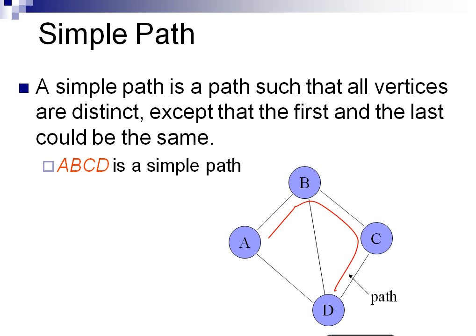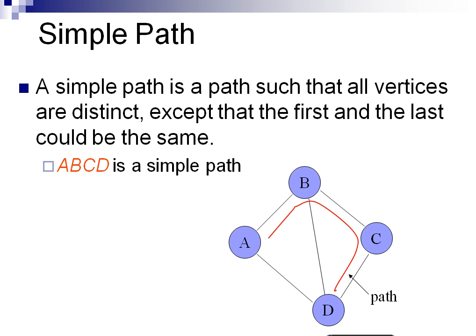A simple path is a path that you take from one vertex to another vertex, traveling by the edges, but the vertices that come along the path are distinct, they are different.